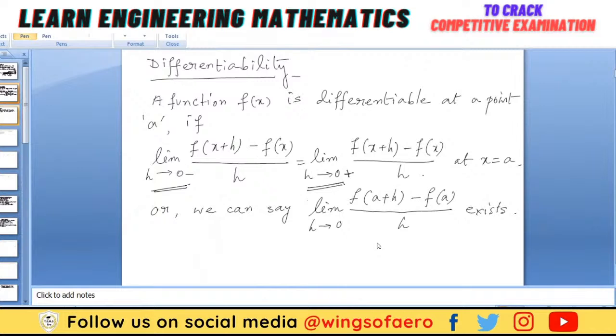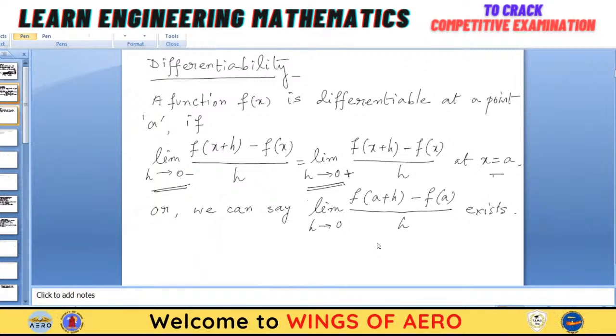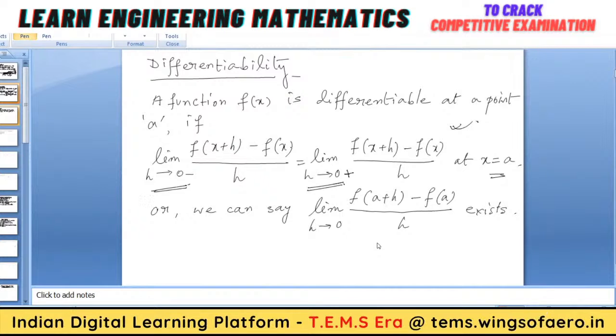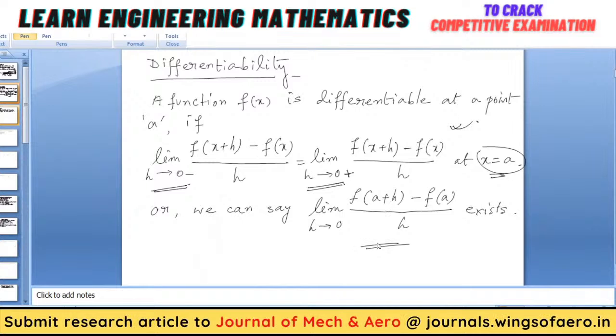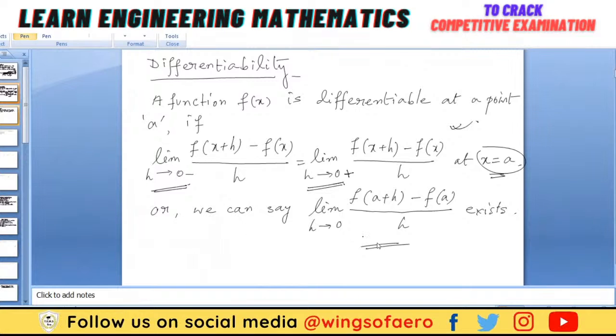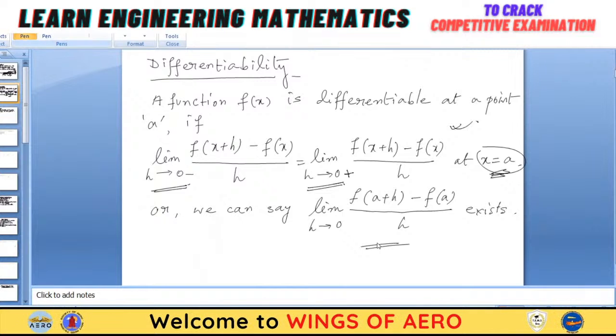Okay, so at x equal to a, if the left hand limit and the right hand limit of this expression are equal, then we say the function is differentiable at this point a, x equals a. Now I will explain today the differentiability of the mod function.